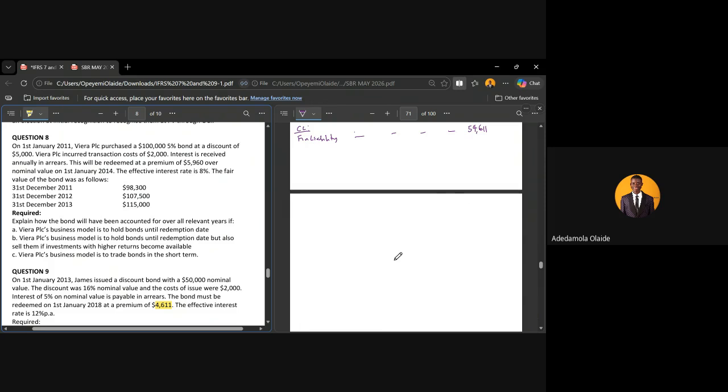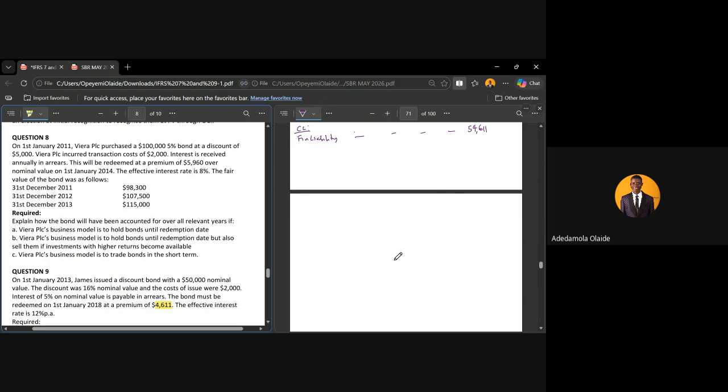And they now ask us to explain how they will account for it if their business model is to hold the bond until redemption date. Then that means they are holding it to collect.